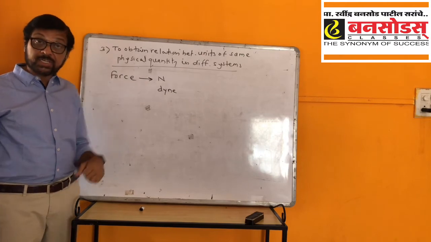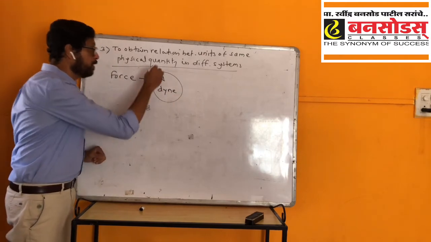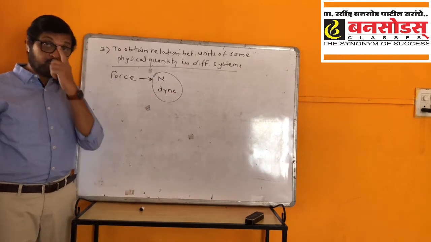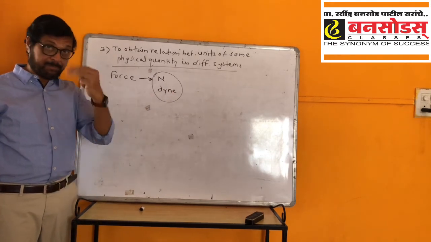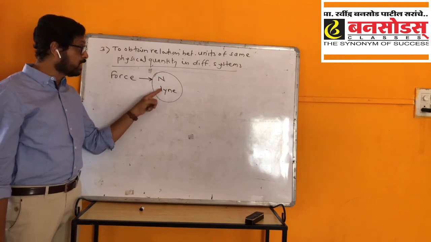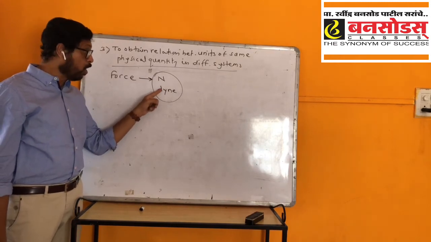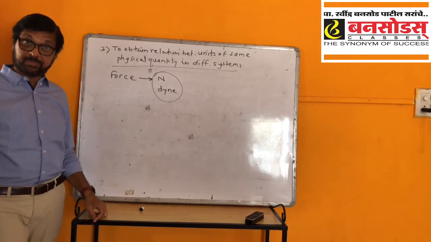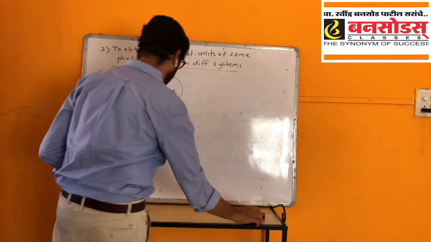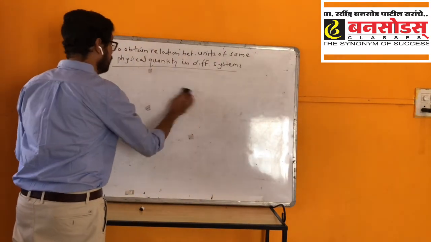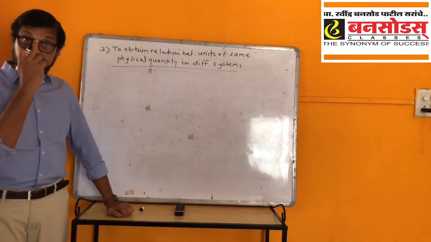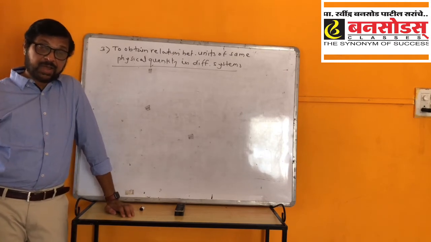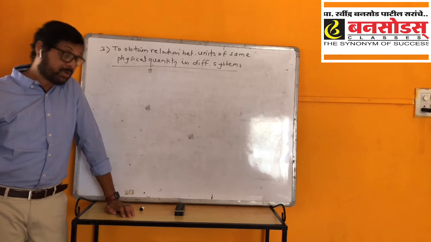Now using dimensions, we can find the relation between these two. What is the relation between Newton and dyne? So dimensional analysis third application is to find the relation between units of same physical quantity in different systems. How you are going to do that? Suppose you are asked to find out the relation between Newton and dyne.